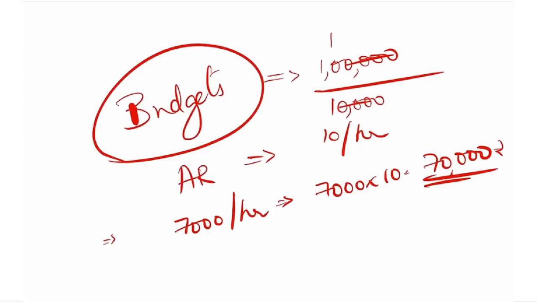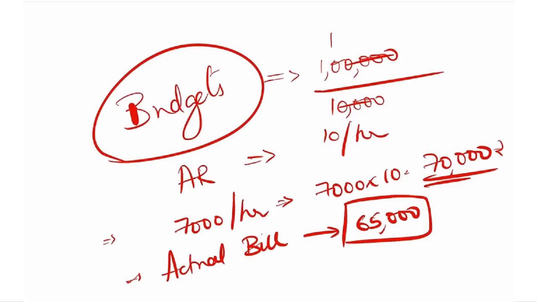So if I work for 7,000 hours, I have recovered from the product around 70,000. Now I got my actual bill. My actual bill turned out to be, let's say, 65,000. You have charged from a product 70,000, whereas your bill came up to be 65,000.